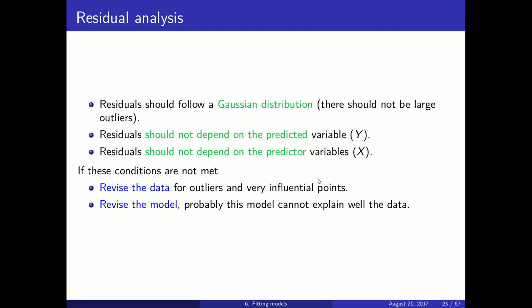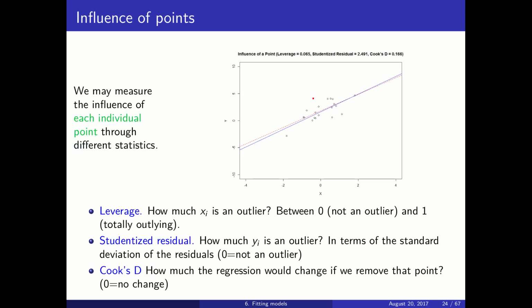If these conditions are not met, then it might be that there are outliers or very influential points. We will see later the concept of an influential point in regression. Or the model may not be good, so the model cannot explain the kind of observations that you are having. In that case you may want to change the model.